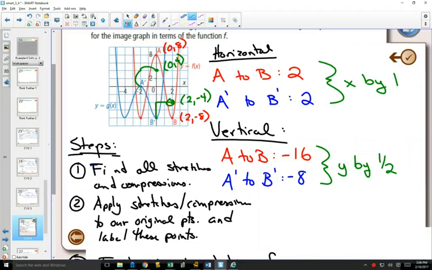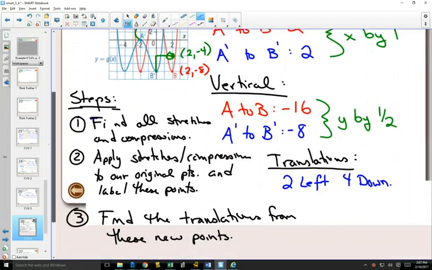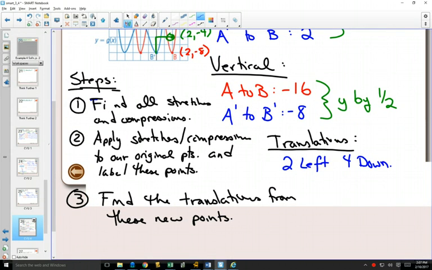Yes, it matches up. So for step 3, after we figured out our horizontal and vertical stretches and labeled those new points, we can now find out what the translations are. And the translations are 2 to the left and 4 down. We have found all of our things.